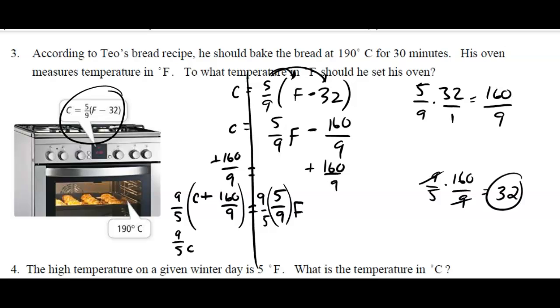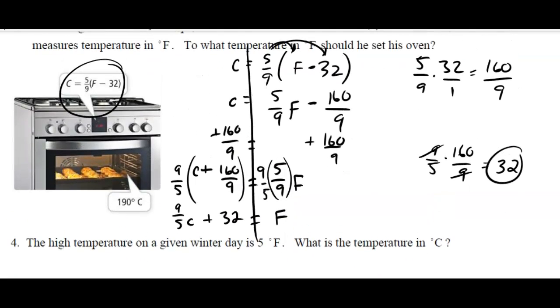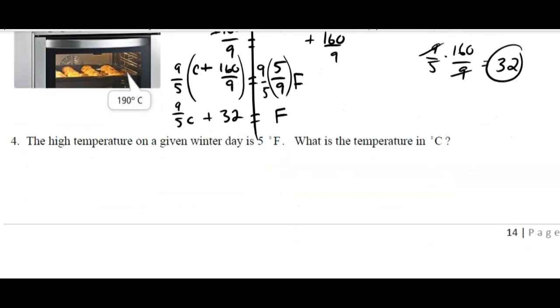And so this becomes plus 32 equals Fahrenheit. Okay, so once you've worked through that, it's when you can practice. Being good with fractions lets you make that an exact answer.